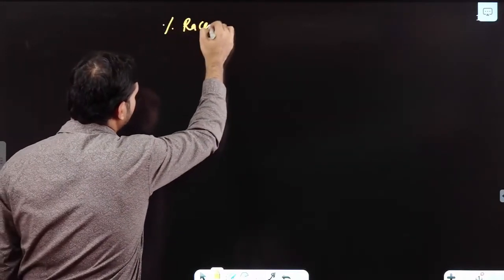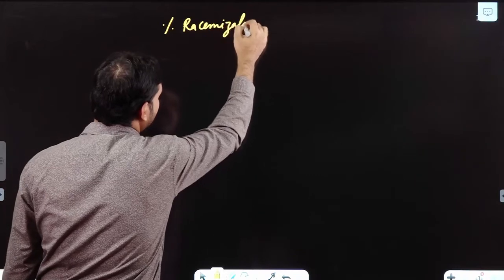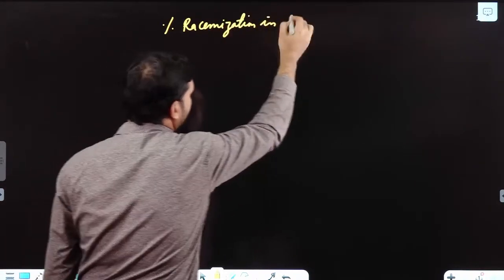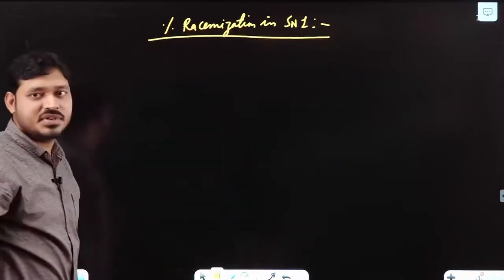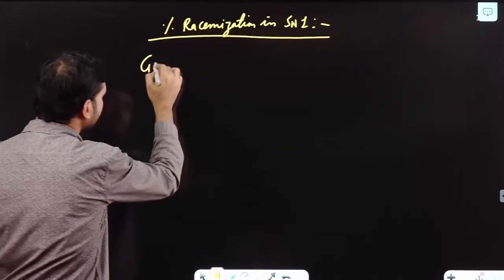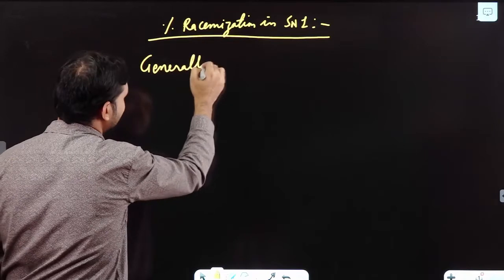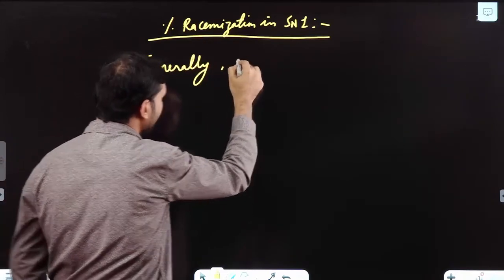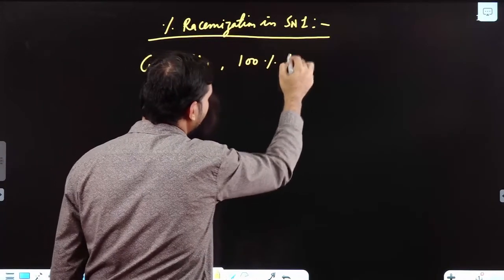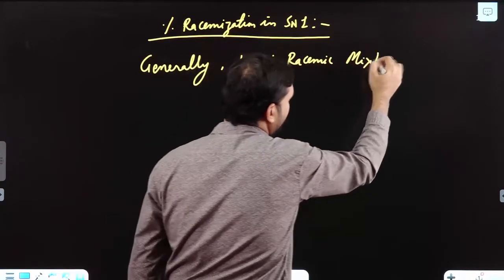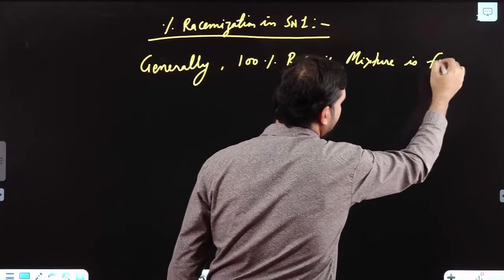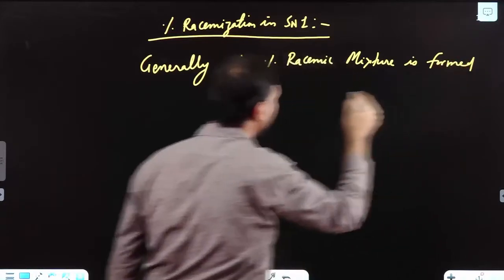Percentage racemization in SN1. Generally, a 100% racemic mixture is formed.